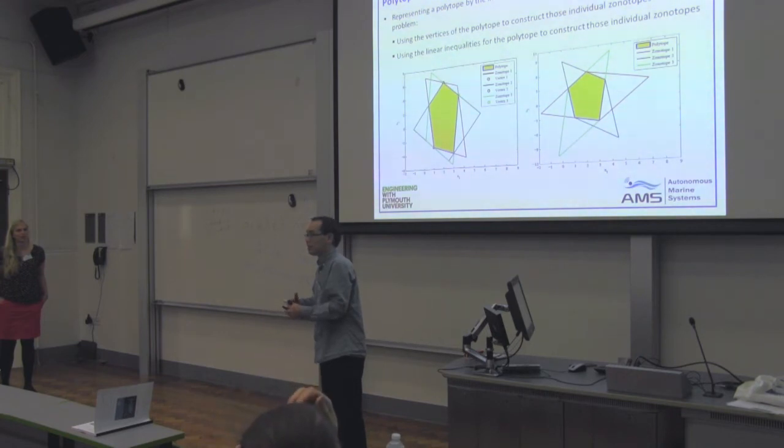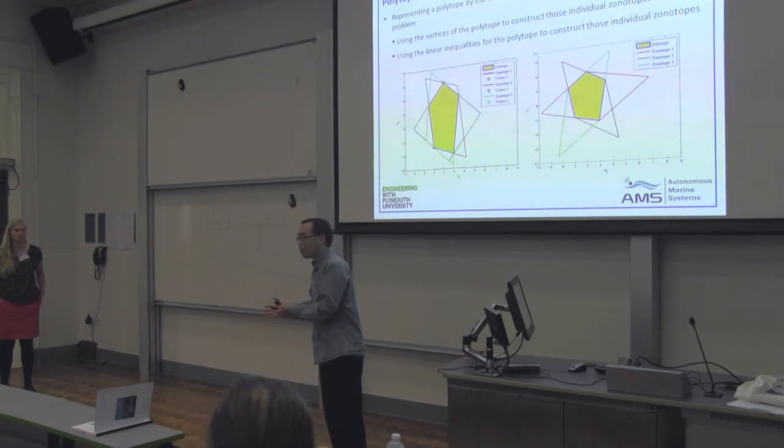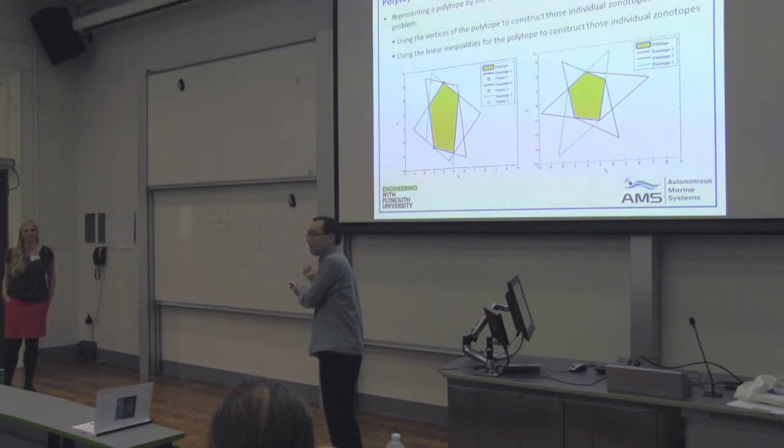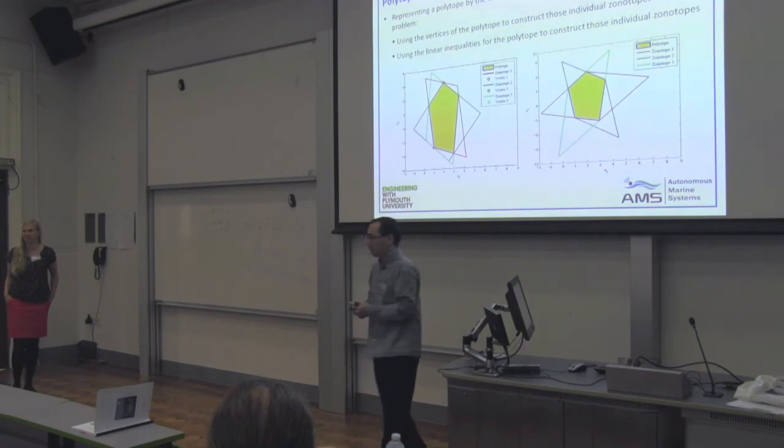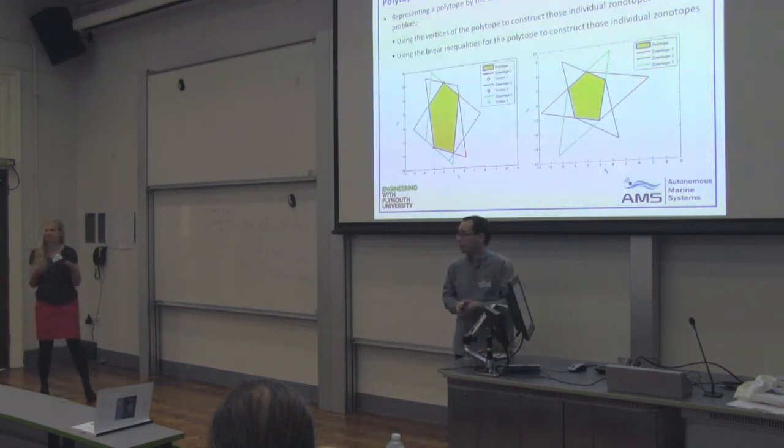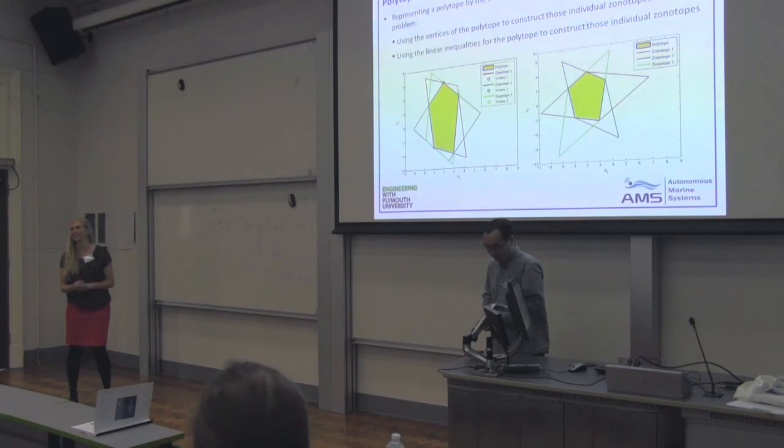Because on some occasions, your set is not a zonotope or box. Your set is a polytope. We want to compute the dynamic evolution of this polytope exactly. So that technique can do that. Yeah, thanks.